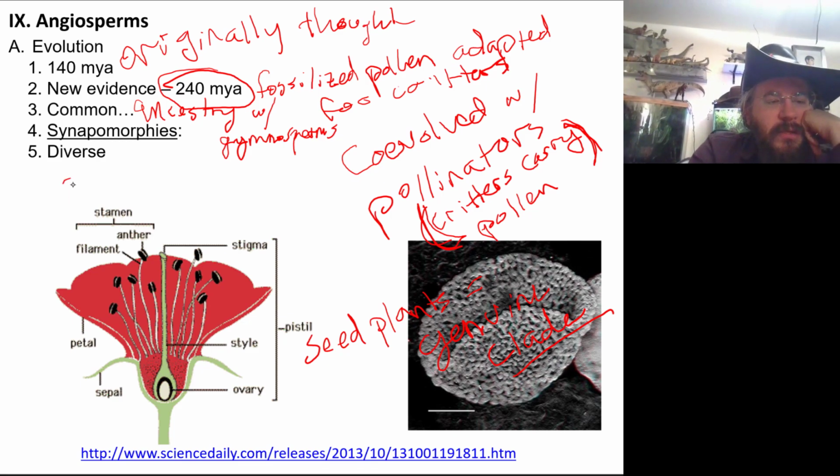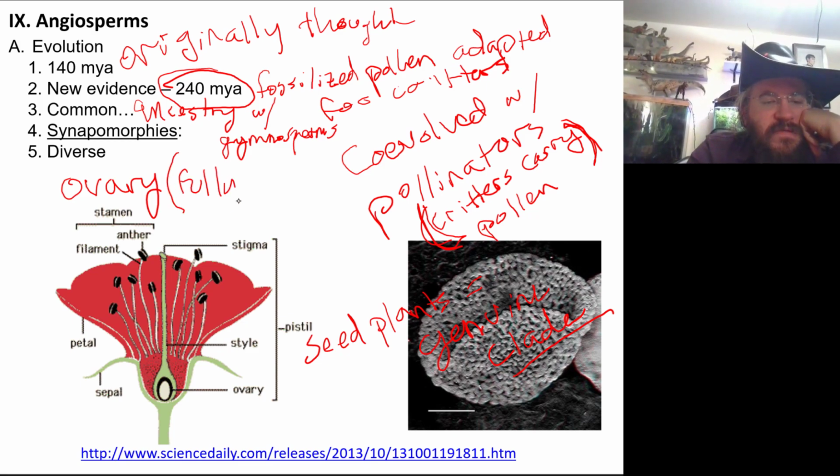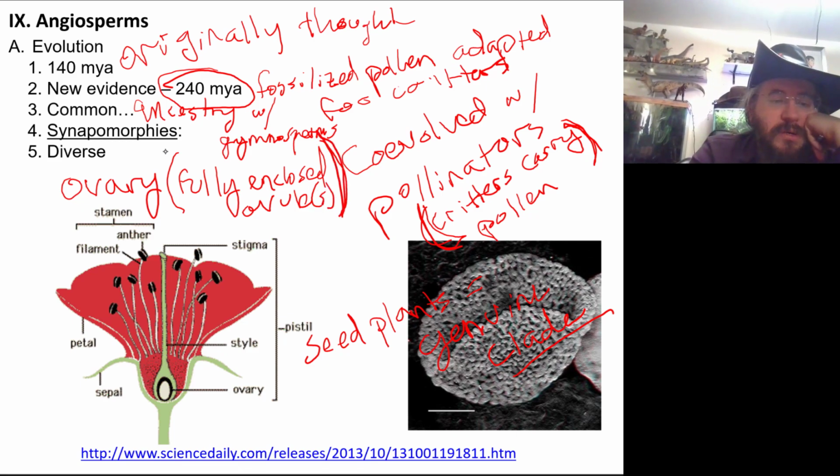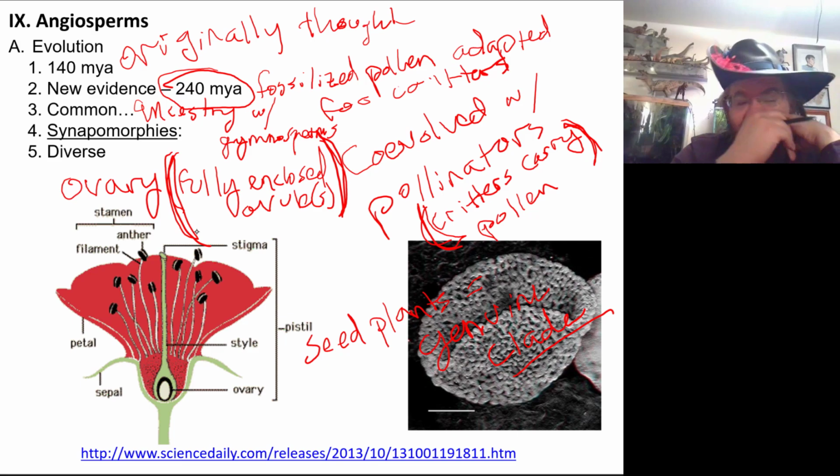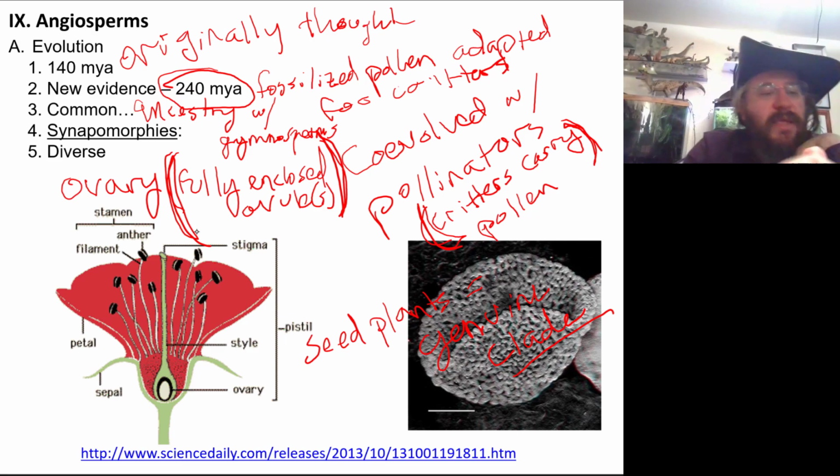An ovary, which you can think of as fully enclosed ovule. Sometimes plural. A lot of the times plural. Right? That's a big synapomorphy.